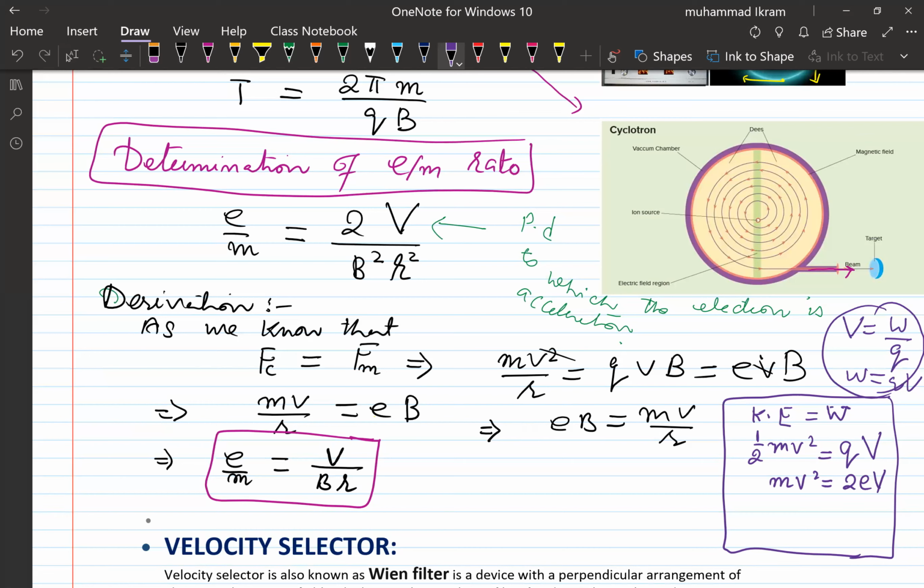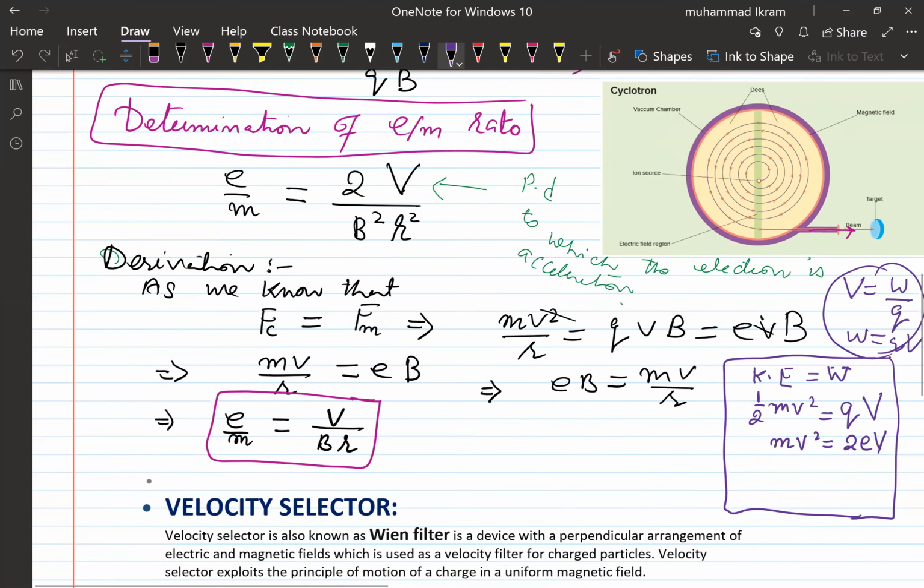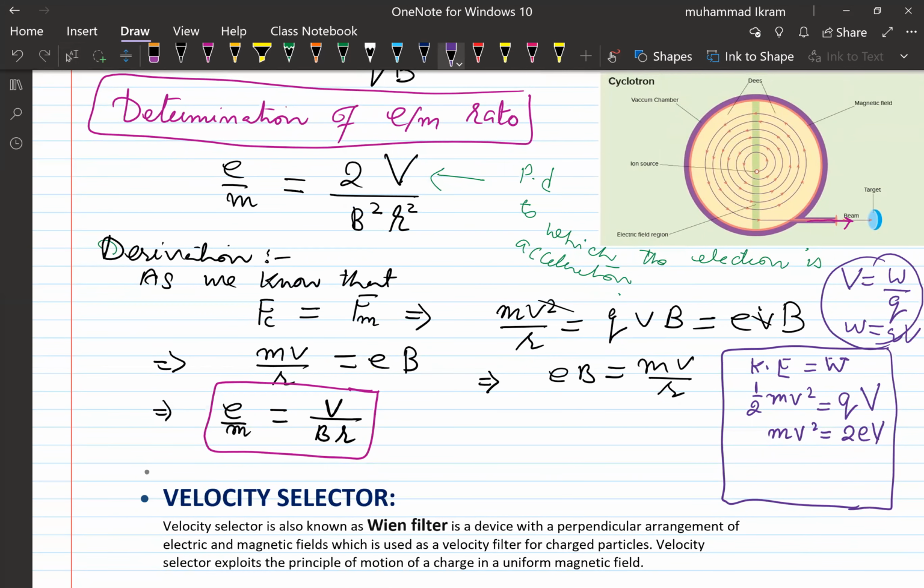Or we can say the value of this V square. So what will be the value of this V square? Rather, I will multiply this by what I should do to make this E by M. So here the V square will be equal to 2E into V by M. If I square this, that would be even better.